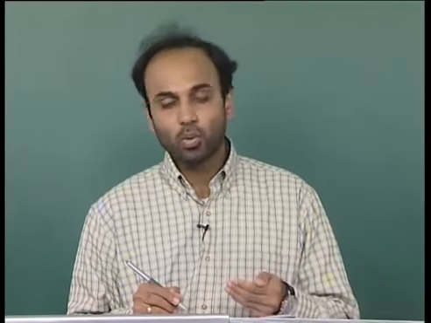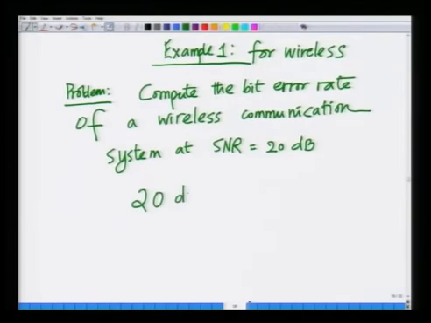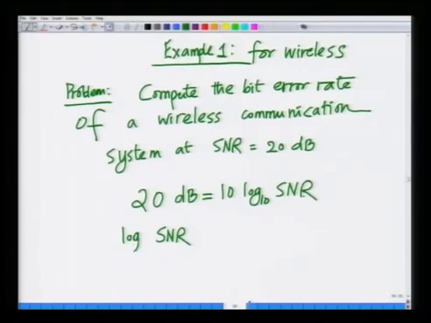Now, remember, SNR in dB is 10 log 10 of SNR. So, let us compute the SNR value corresponding to 20 dB. 20 dB equals 10 log 10 of SNR, which means log 10 of SNR equals 2, which means SNR equals 10 squared, which is 100.